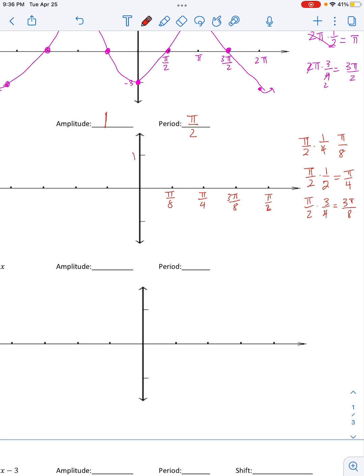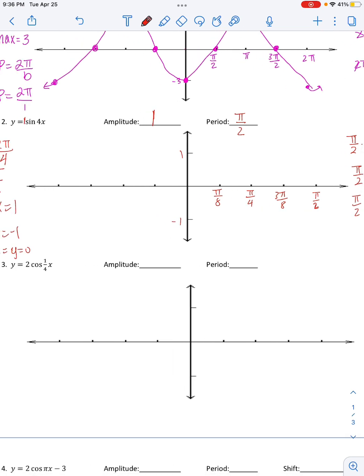Our max is 1. Our minimum is -1. Sine always starts at the midline. Our midline here is y equals 0. Since it's positive, it's going to go up to the maximum, back to the midline, down to the minimum, back up to the midline. So this is one full cycle.